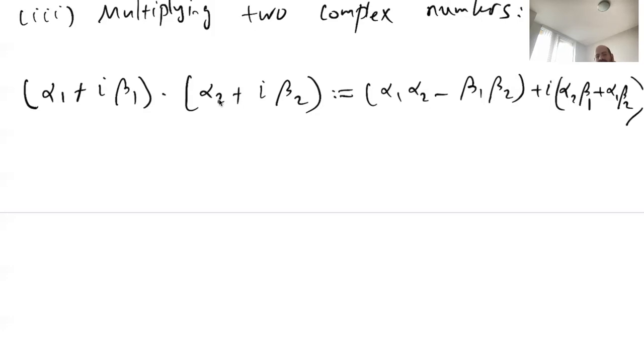So if I squared is minus 1, and if you expand this, you get alpha 1 times alpha 2 plus I beta 1 times I beta 2.